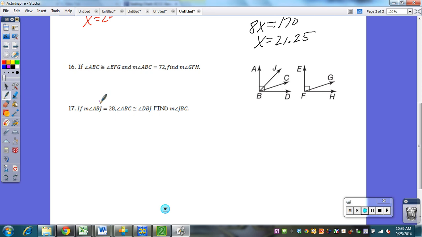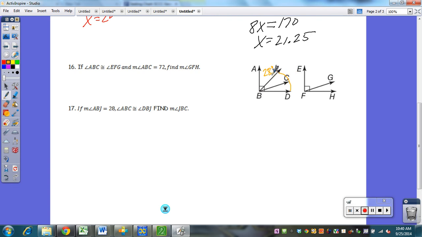Okay, so we have ABJ, which is going to be 28 degrees. Okay, and then if we know that, let's look at what the balance is here. JBD is going to equal what?